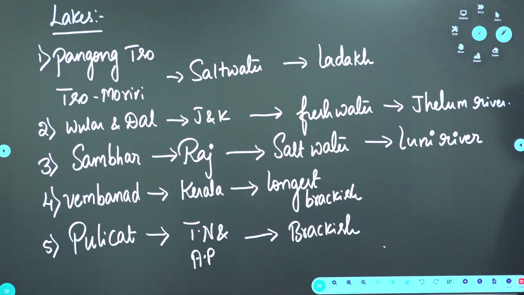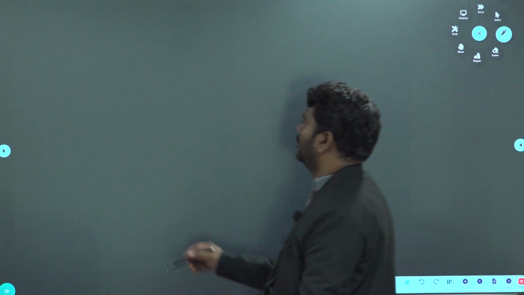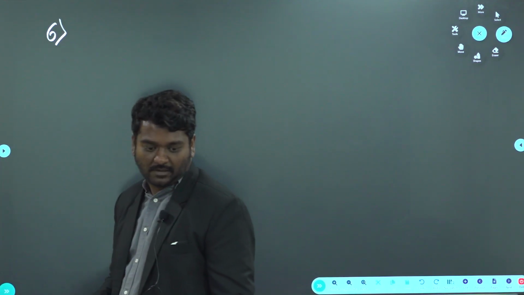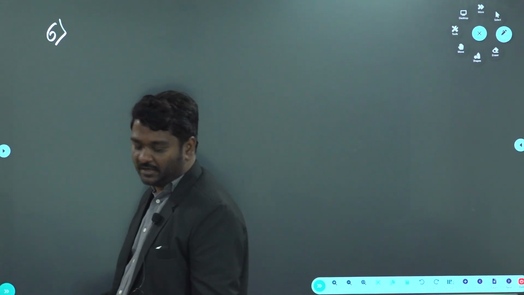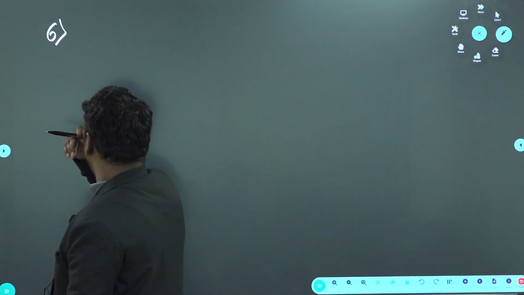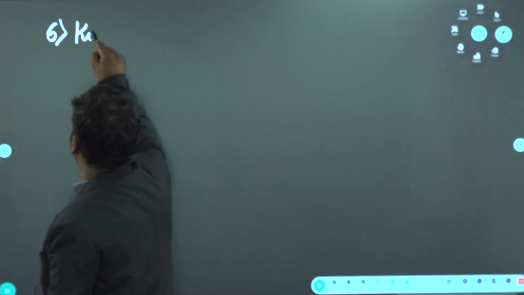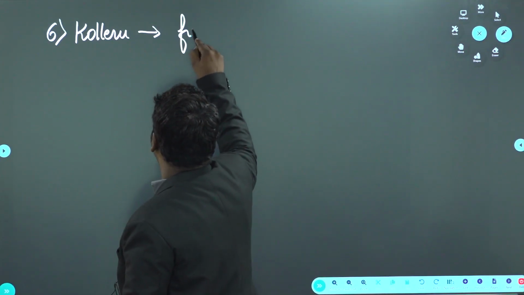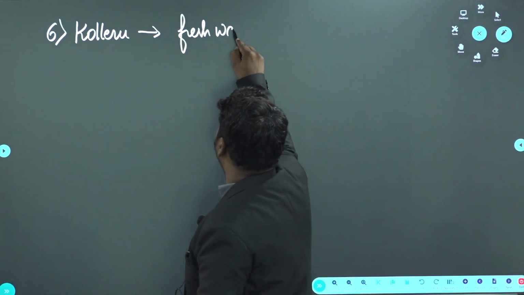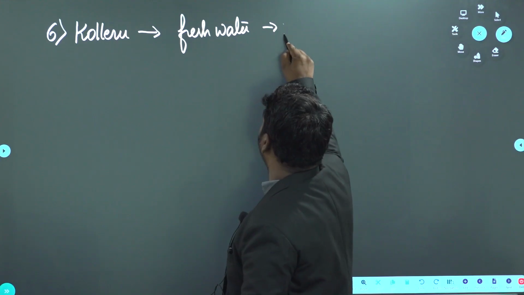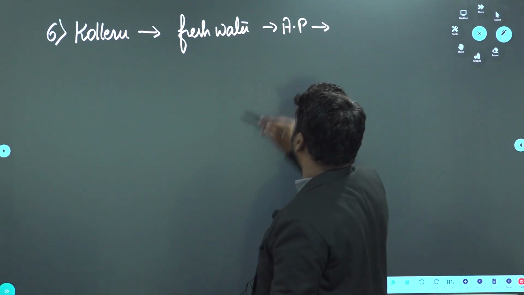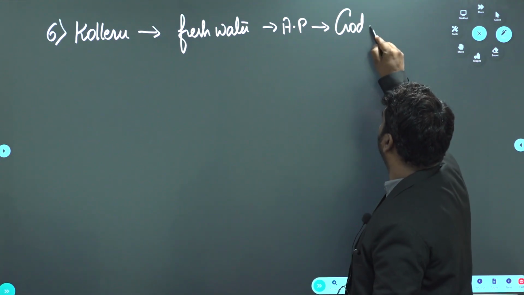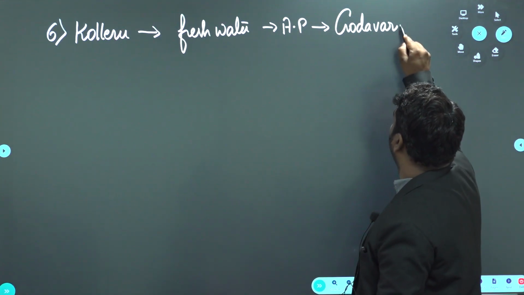Done? Next. Pulicat. Kolleru, freshwater, Andhra Pradesh, Godavari flows.